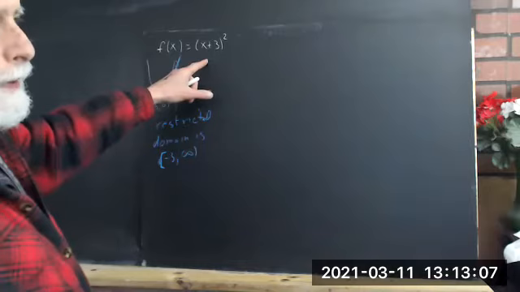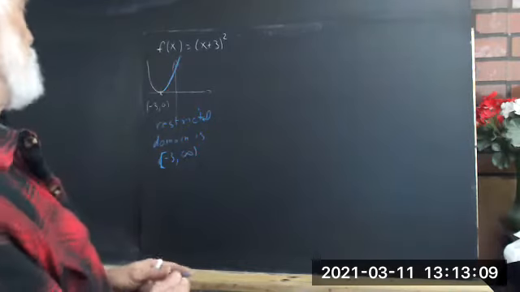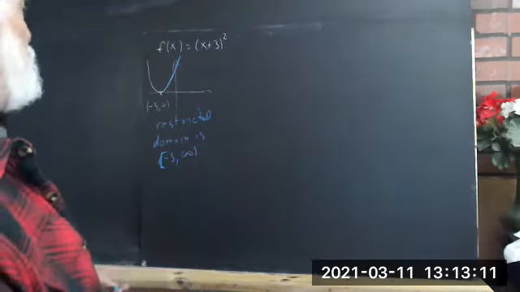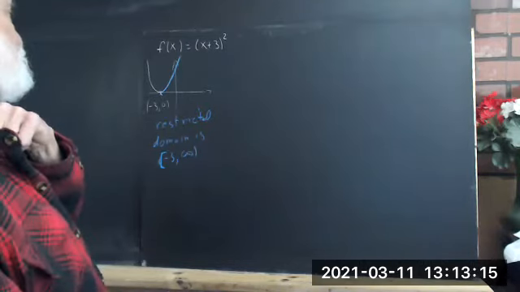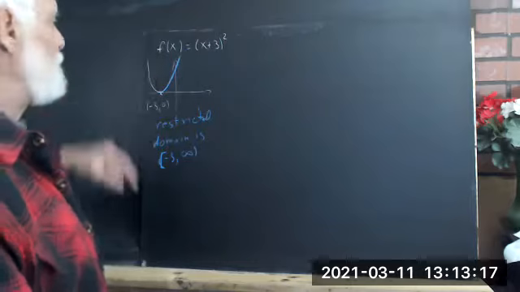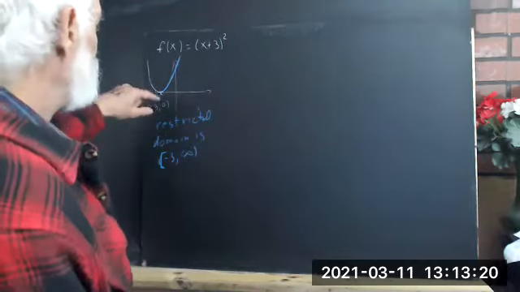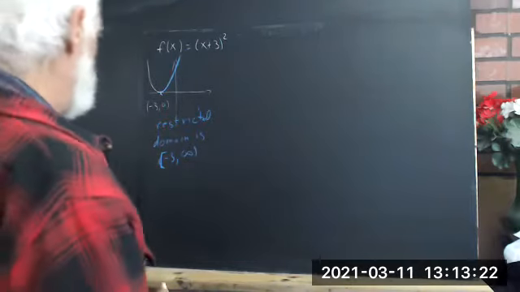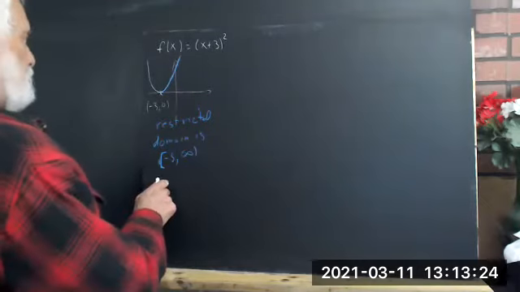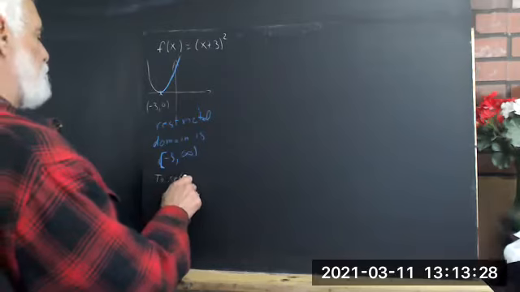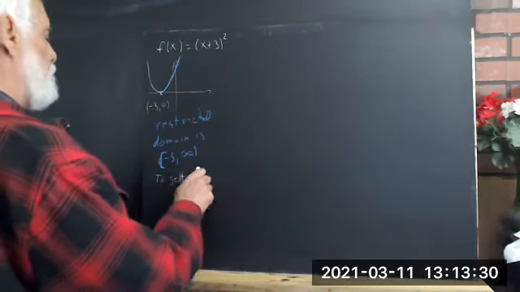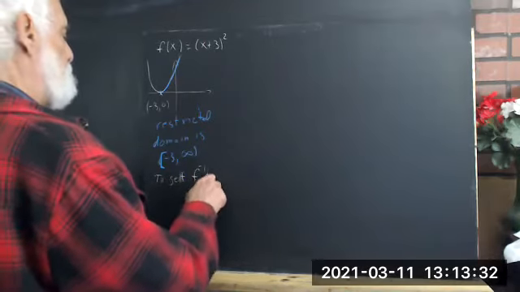Just looking at this, if x is less than -3, well, I'm going to stick with this. This is why we restrict the domain. We'll see another reason.